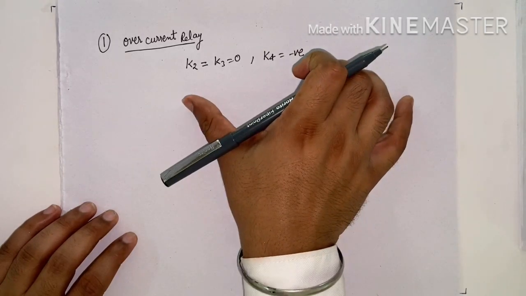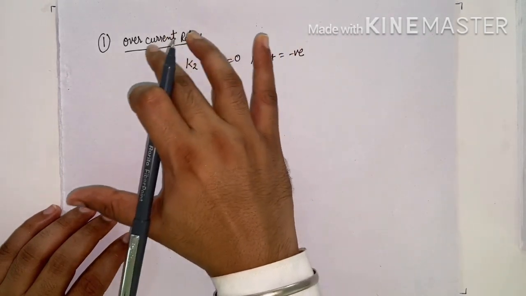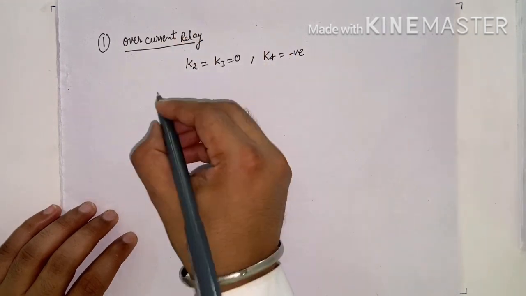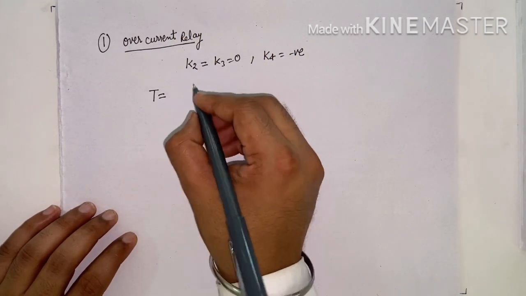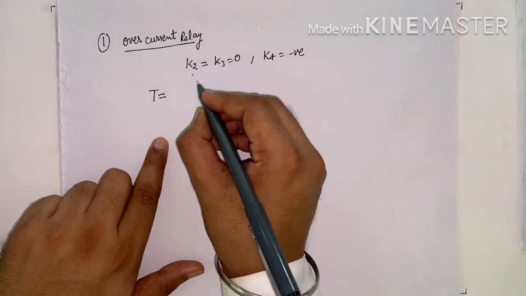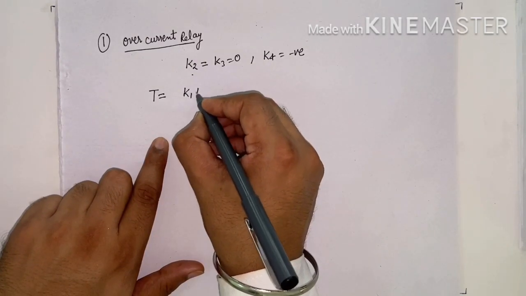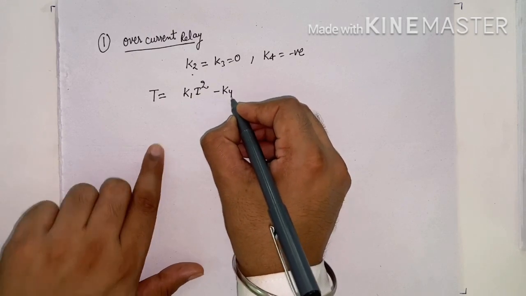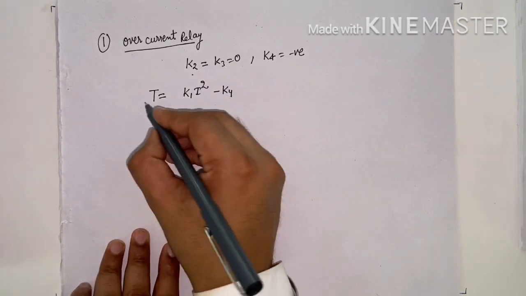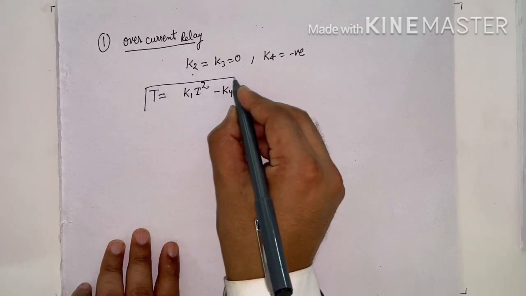This is the assumption that we have considered for the overcurrent relay. Now we put these values in the universal torque equation. We get K1 I square minus K4. So this is the torque equation in the case of the overcurrent relay.